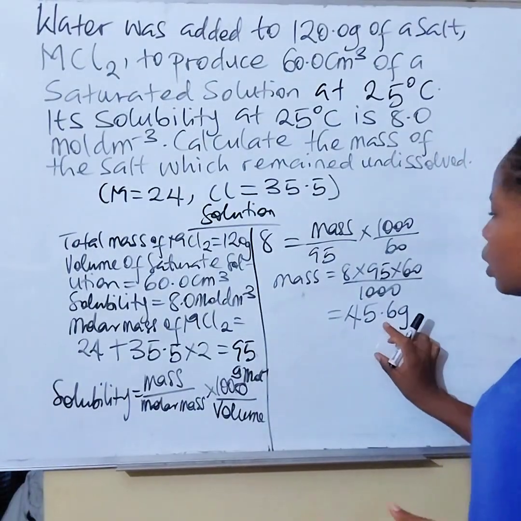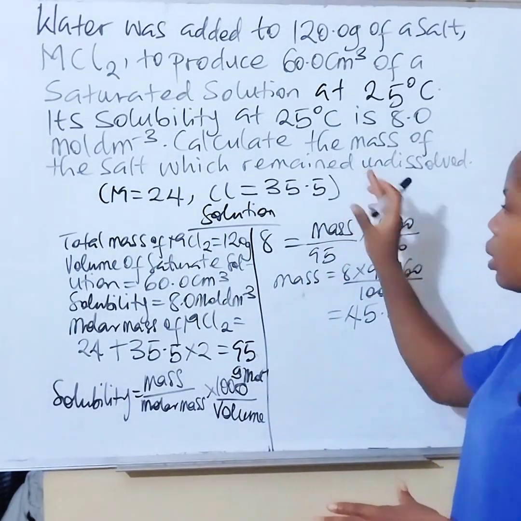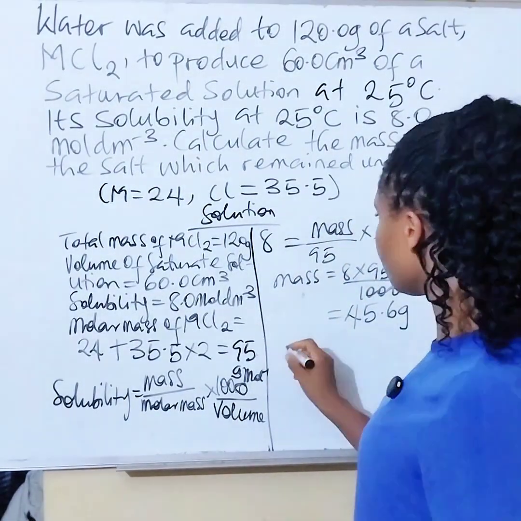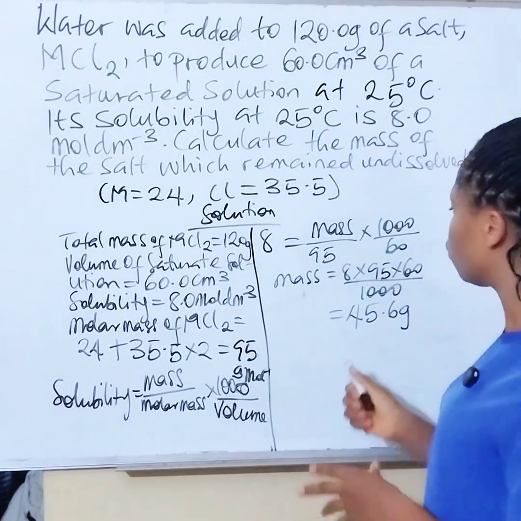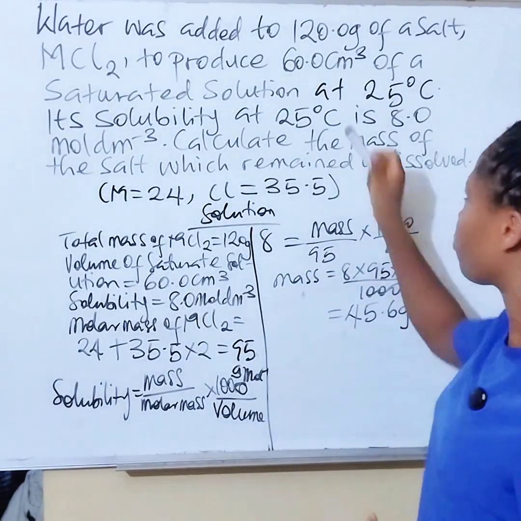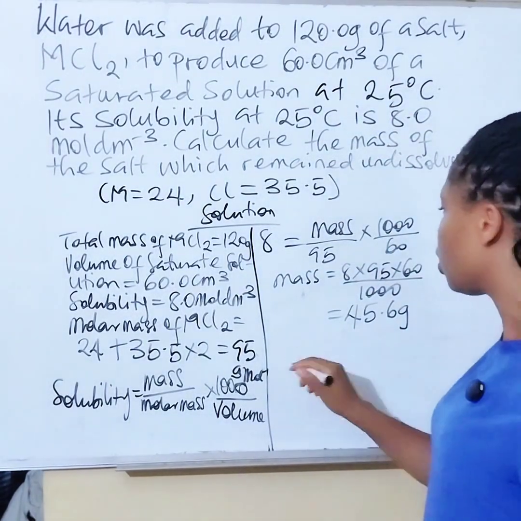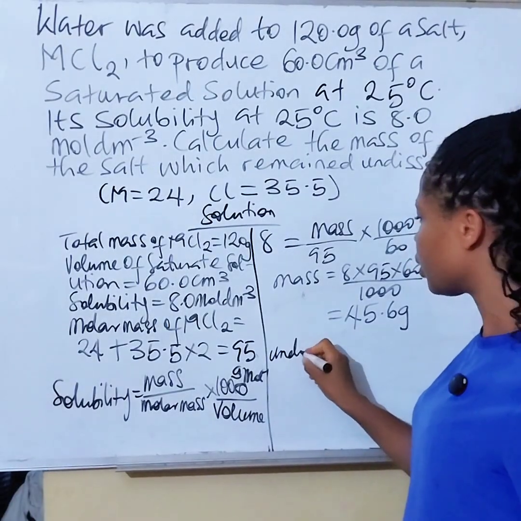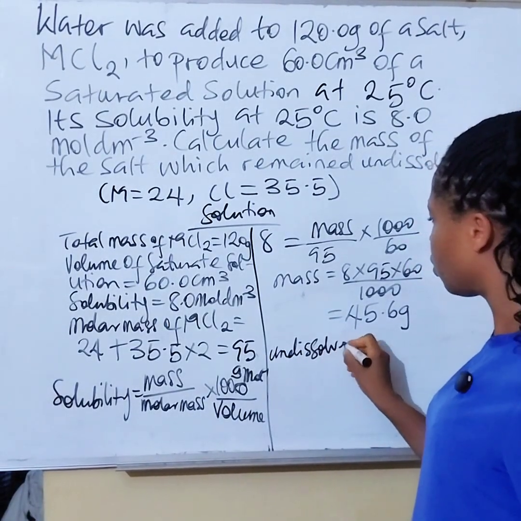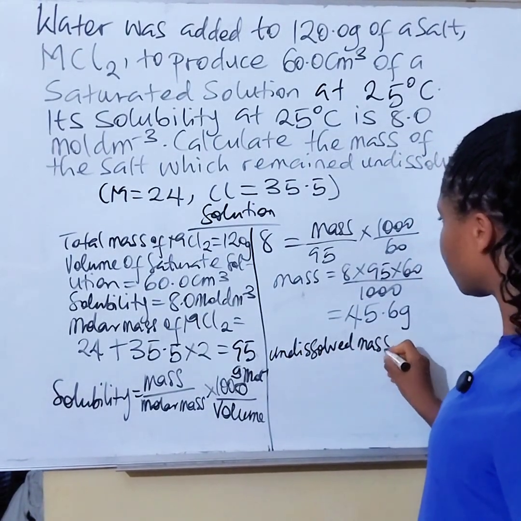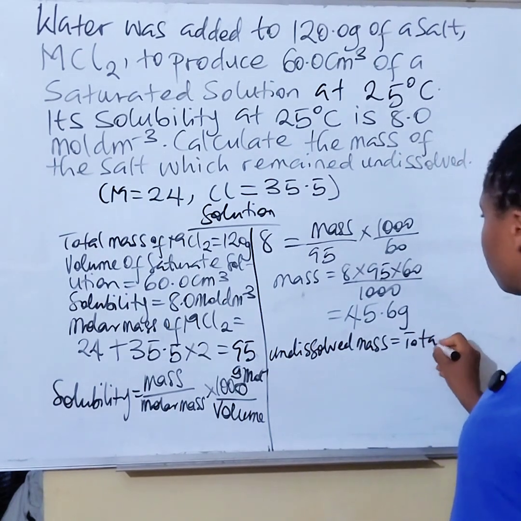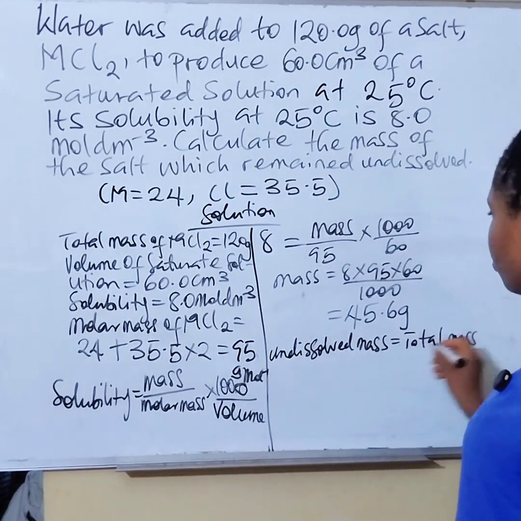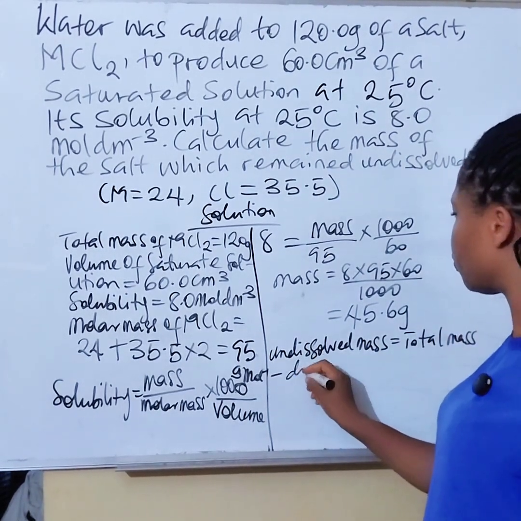Since we already know the mass that dissolved, let's proceed to find the mass that remained undissolved. For us to find that, we are going to subtract 45.6 gram from 120 gram. So undissolved mass is equal to total mass minus dissolved mass.